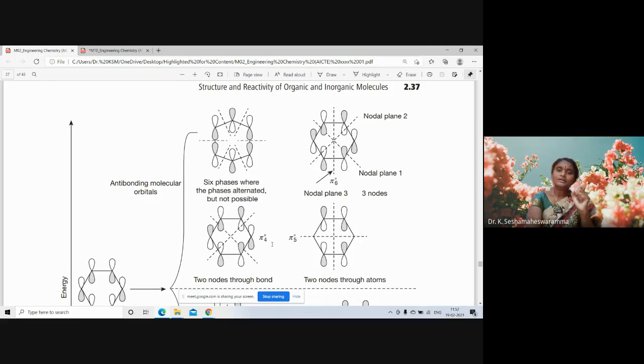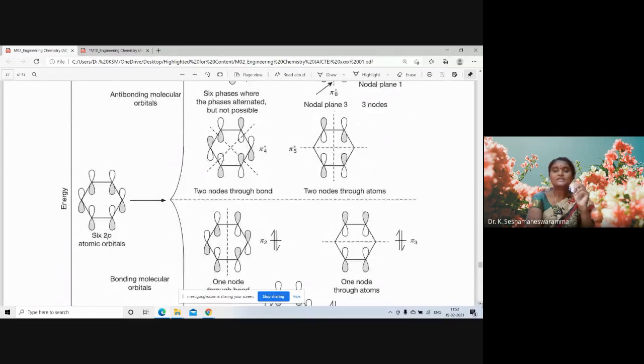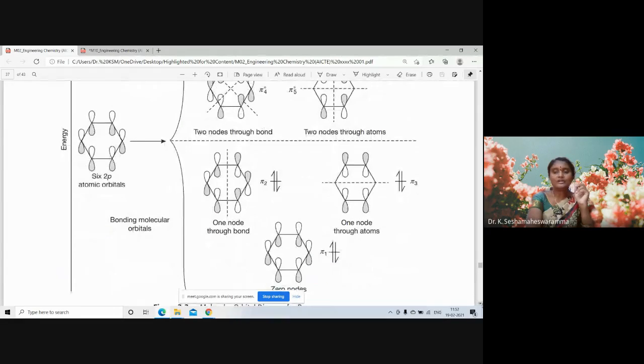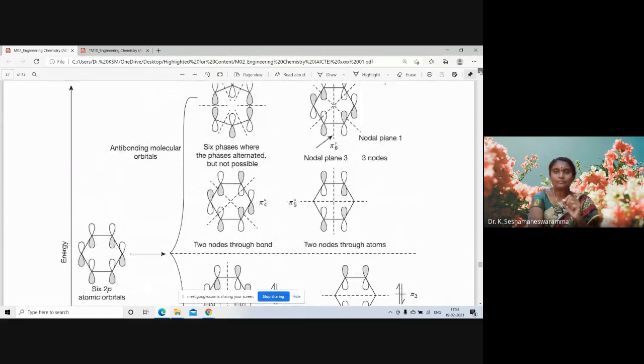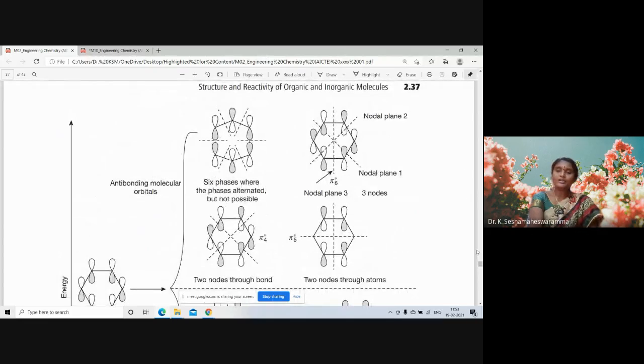Here, all 6 electrons from the 6 p orbitals are filled: 2 electrons in pi 1, 2 electrons in pi 2, and 2 electrons in pi 3. These 3 are bonding pi molecular orbitals. Pi 4, pi 5, and pi 6 are anti-bonding pi molecular orbitals.